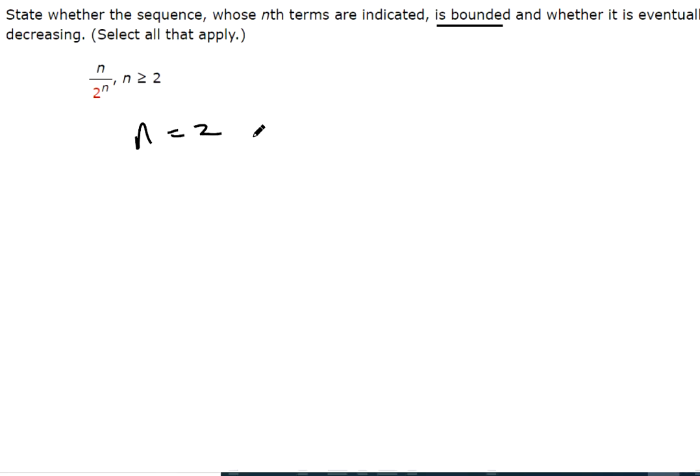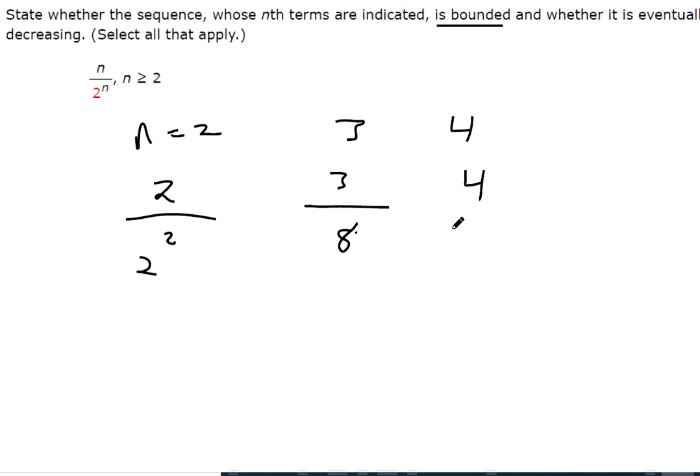So we could do n equals 2, n equals 3, n equals 4. If you plug in 2, you get 2 over 2 to the second, so that's 1/2, right? If you plug in 3, 2 to the third is 8. If you plug in 4, 2 to the fourth is 16.